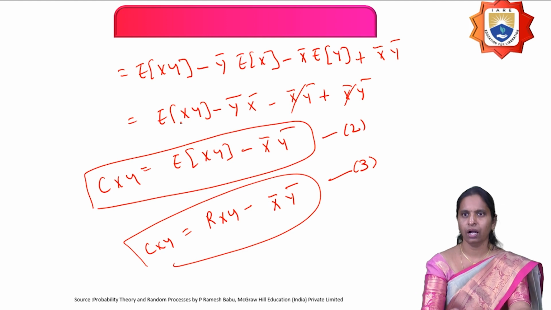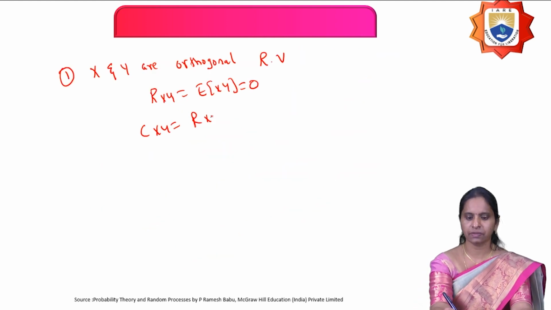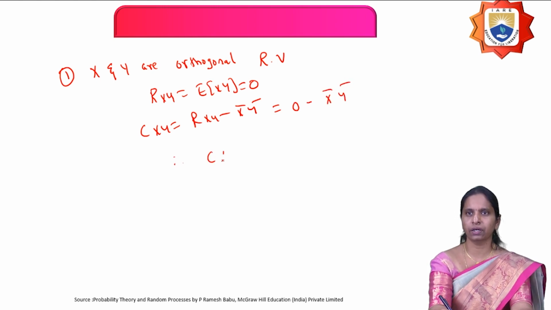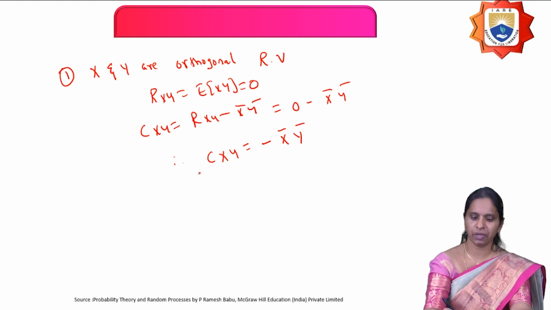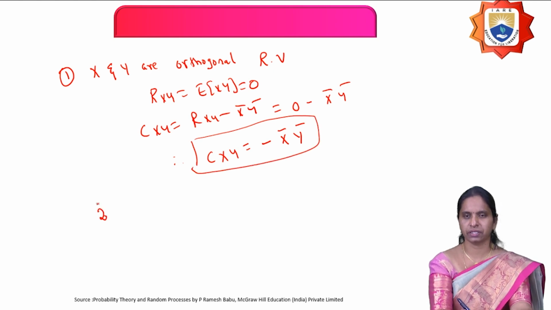Rxy minus x bar into y bar. If they are orthogonal, Rxy is 0. Therefore 0 minus x bar into y bar. So the covariance between two orthogonal random variables is minus x bar into y bar, where x bar is the mean of x and y bar is the mean of y. This is the first case.